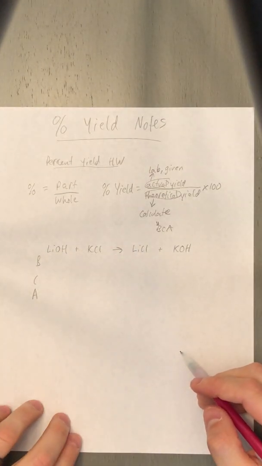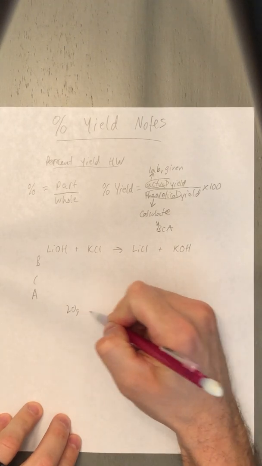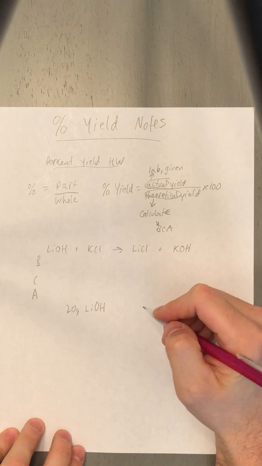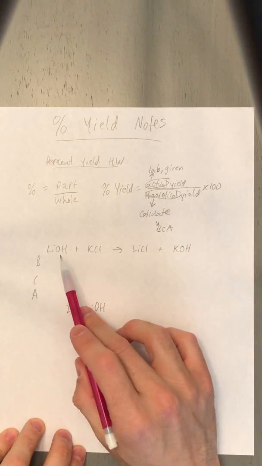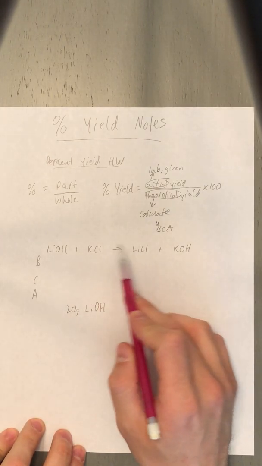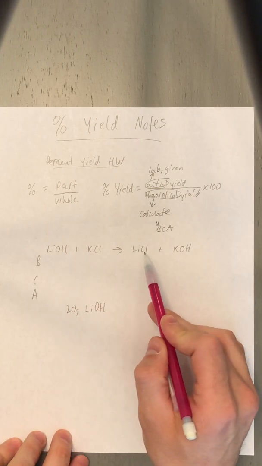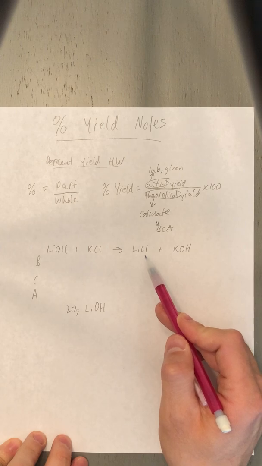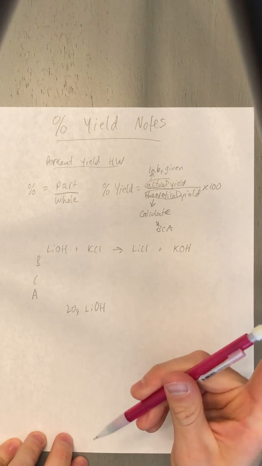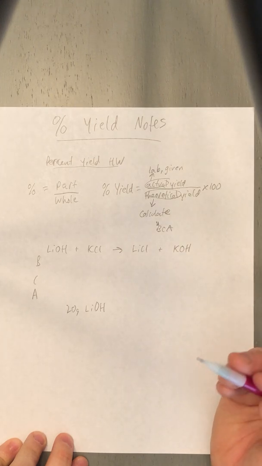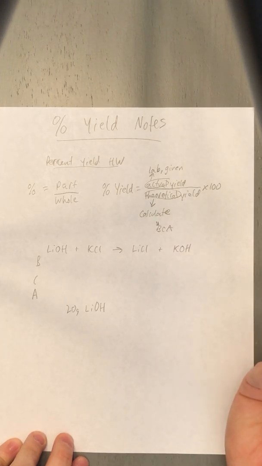Well, first thing is they gave us 20 grams of lithium hydroxide, and they're asking us to convert to lithium chloride. So we have to convert from substance A to substance B, one substance to a completely different substance. That should tell you a BCA table. When we're finding theoretical yield, the only way to find it is through a BCA table.